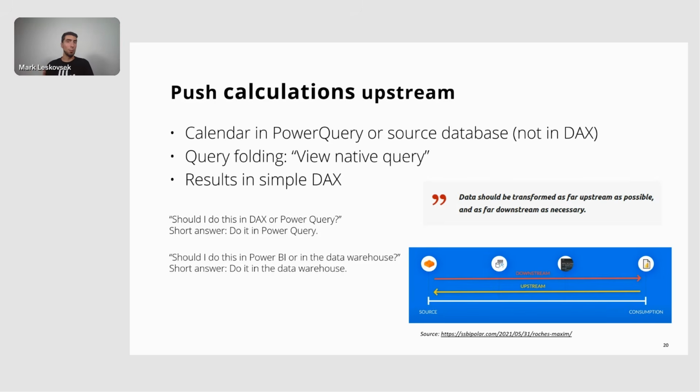Your report logic will be simplified and thus easier to maintain, and will likely perform better because that VertiPaq engine will need to do less work as users interact with the report.